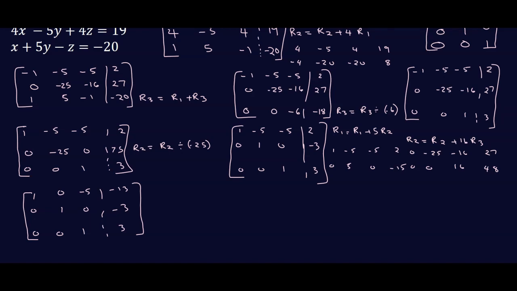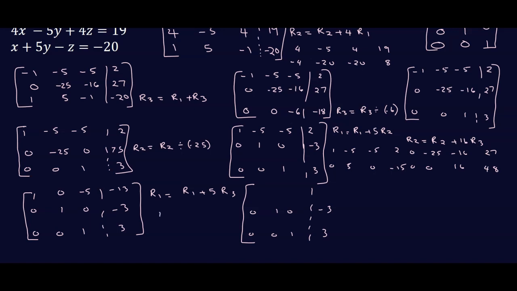Now we need to get rid of this negative 5 on the first row, and the best way to do that is to say row 1 equal to row 1 plus 5 row 3. Row 2 is 0, 1, 0, negative 3. Row 3 is 0, 0, 1, 3.